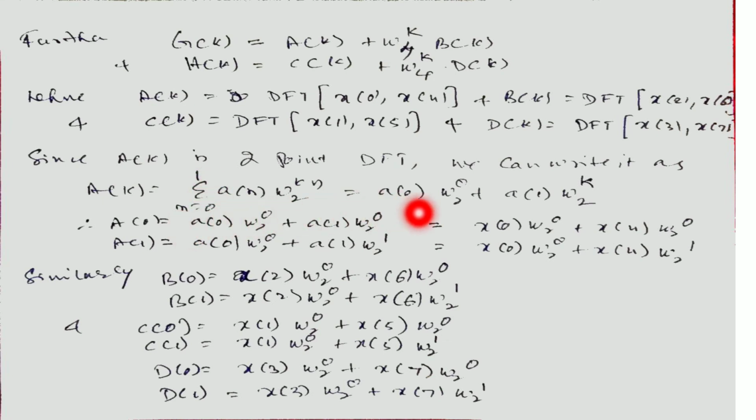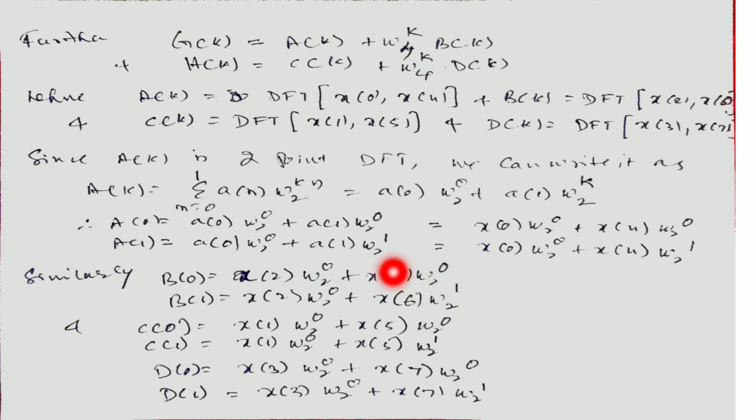So that is equal to a of 0 w2 power 0 plus a of 1 w2 power k. Then when I substitute k equal to 0, a of 0 is equal to a of 0 w2 power 0 plus a of 1 w2 power 0, and a of 1 is equal to a of 0 w2 power 0 plus a of 1 w2 power 1.